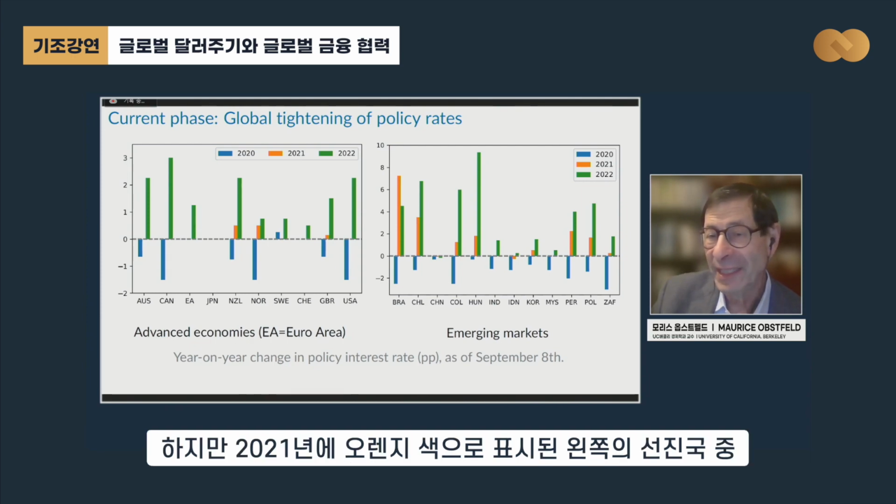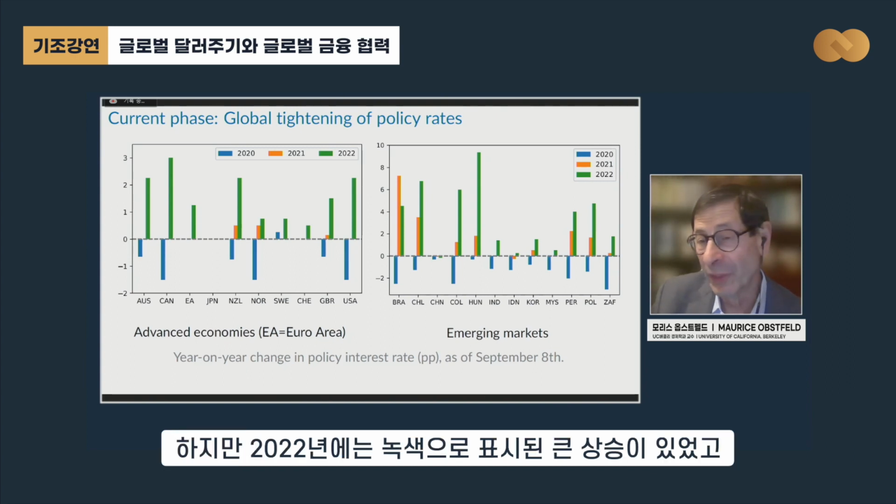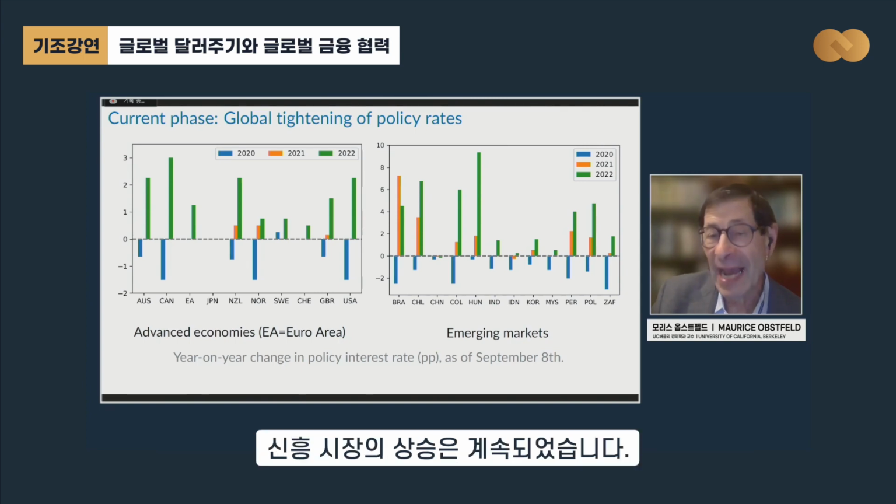But what you can see is that very, very few advanced economies hiked on the left-hand side in 2021, shown in orange, compared with emerging markets. But there have been big hikes shown in green in 2022, and the hikes in the emerging markets have continued.